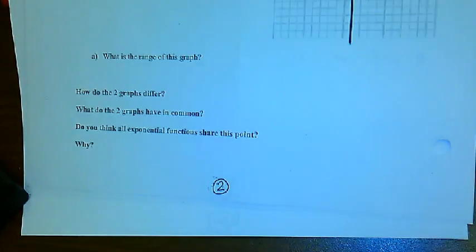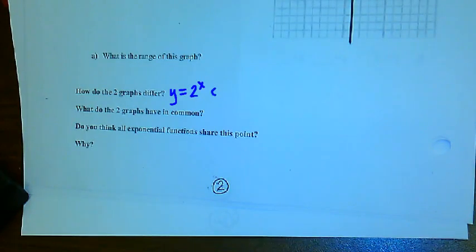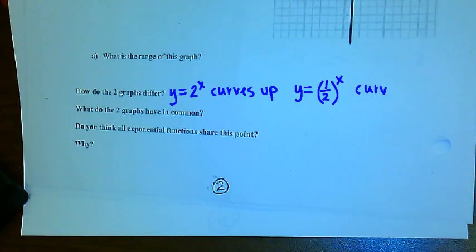All right, so let's answer these questions. Okay, so how do these differ? So the big thing for these is y equals 2 raised to the x curves up, while y equals 1/2 raised to the x curves down.